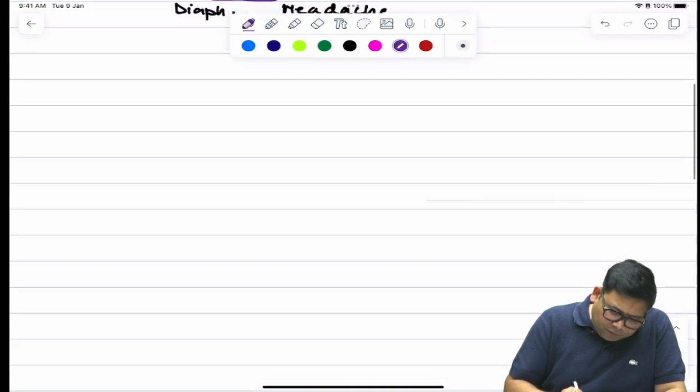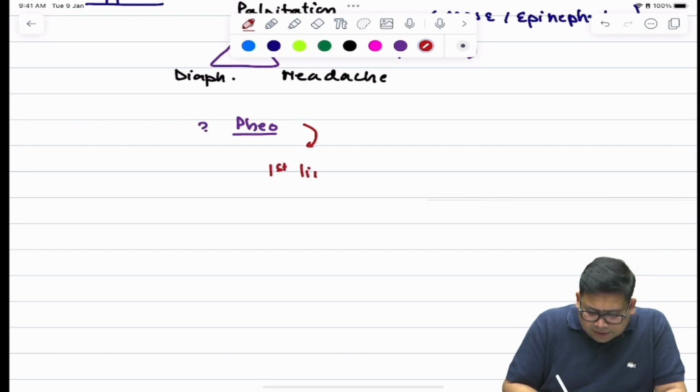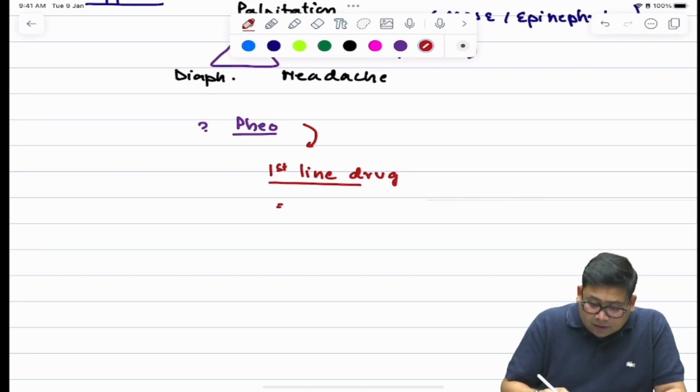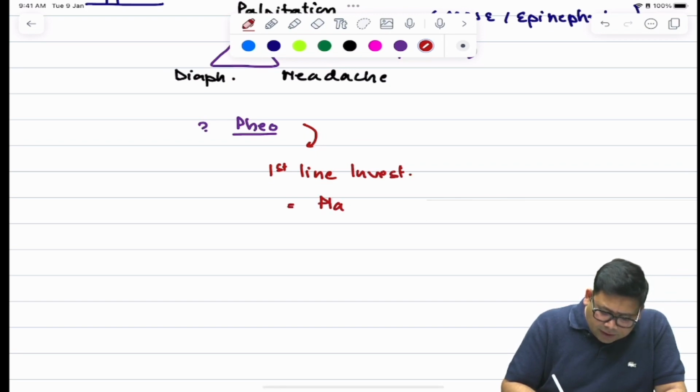And therefore whenever you have a suspicion of the pheo, the first line investigation, this is very important. I'm saying first line investigation that we have, the answer is plasma metanephrines.